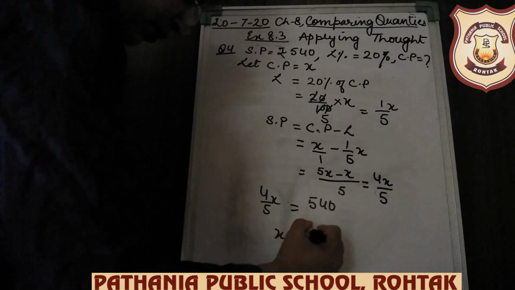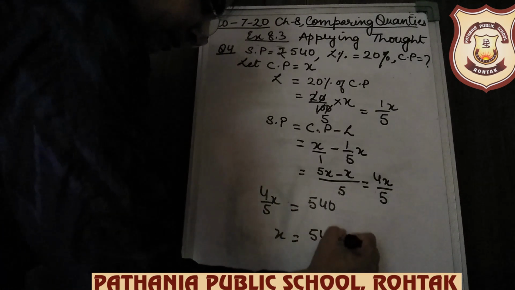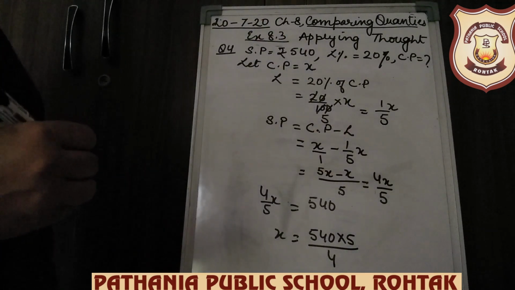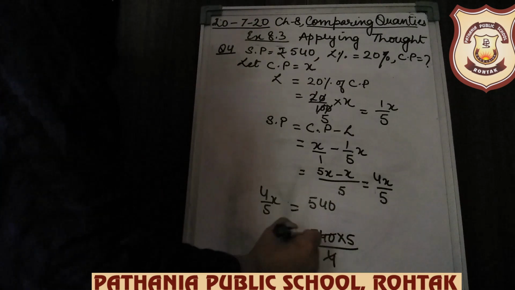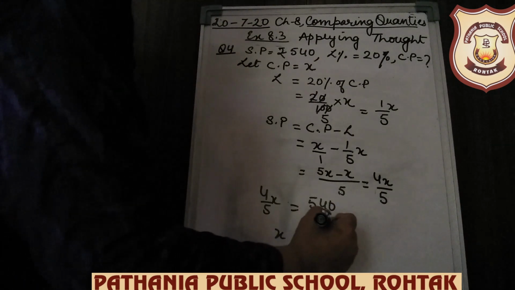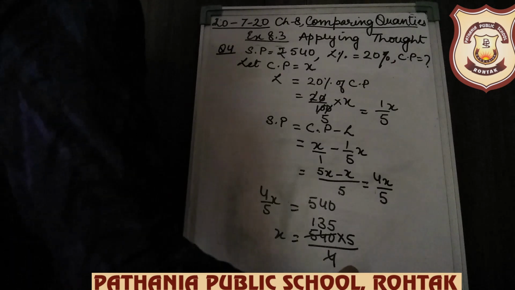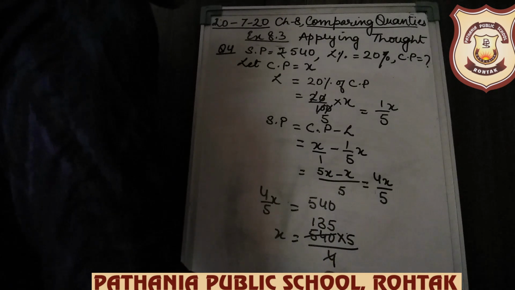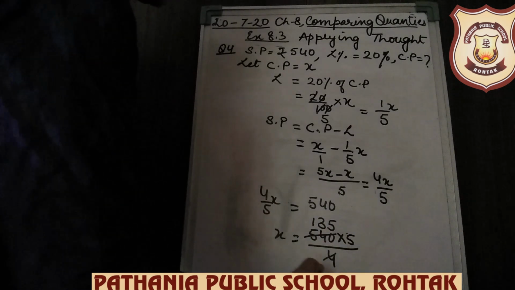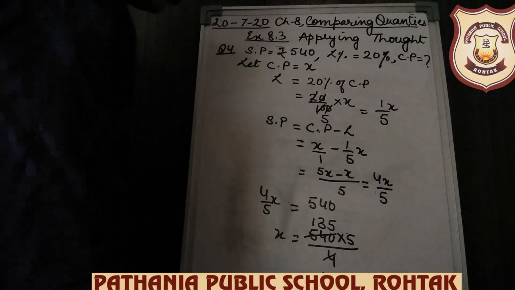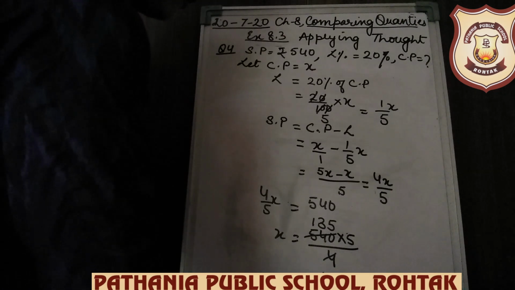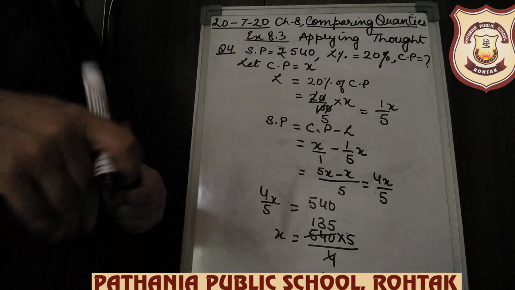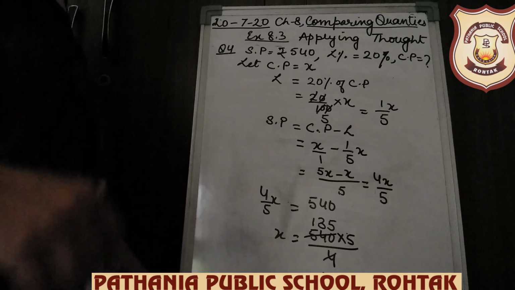So X is equal to 540 multiplied by 5 upon 4. And now 3 and 5, and this is going to be 5, 15 plus 2, 7, and this is your CP. So CP is equal to rupees 675. In this manner you are going to do question number 4.